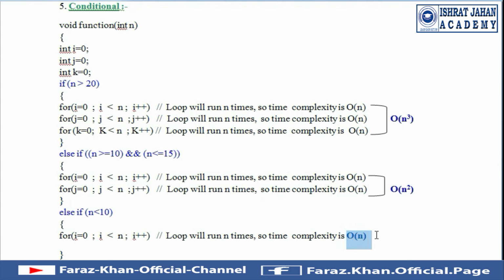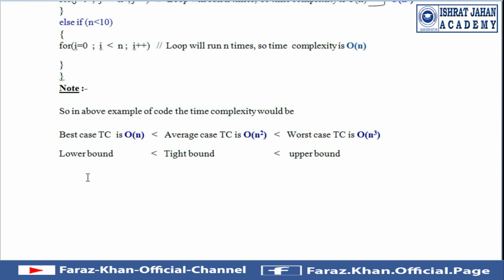Best case would be O(n), average case would be O(n square), and worst case would be O(n cube). I can even say that lower bound is O(n), tight bound is O(n square), and the upper bound is O(n cube). So as far as growth is concerned, lower bound has less growth than tight bound, and tight bound has less growth than upper bound.